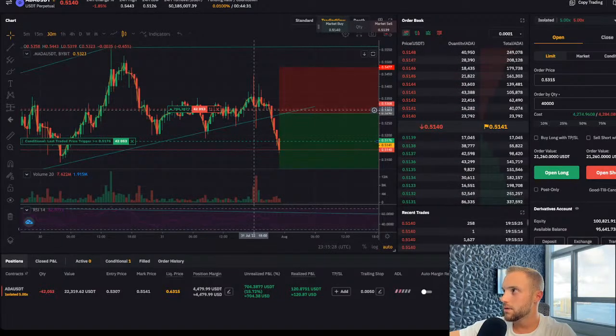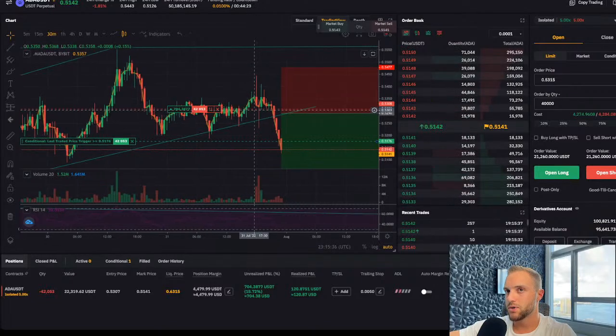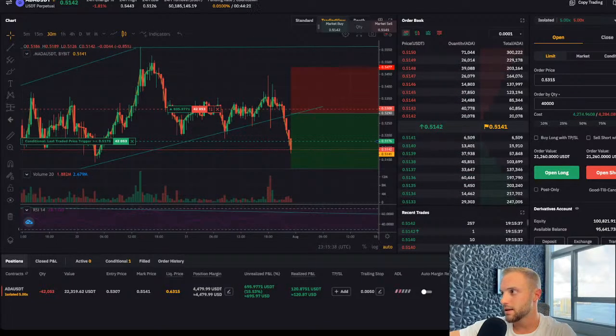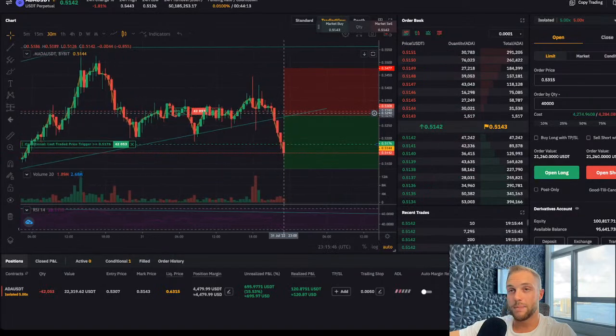That's what I typically look for, altcoins that have less volatility to the upside, but more volatility to the downside when I'm shorting, right? So I want to look for things that have some weak price action, and that's exactly why I entered this ADA short.